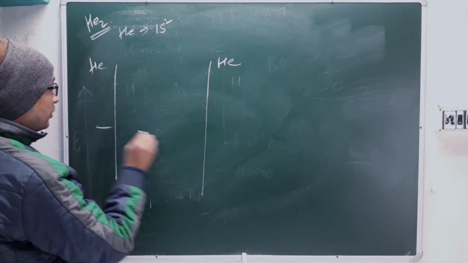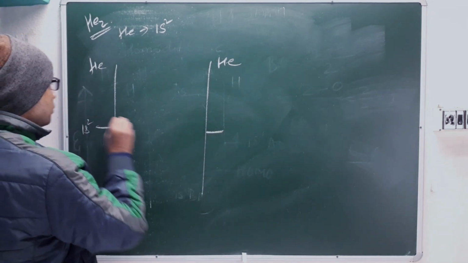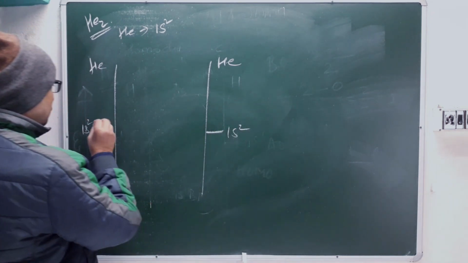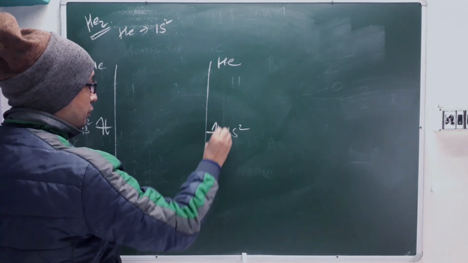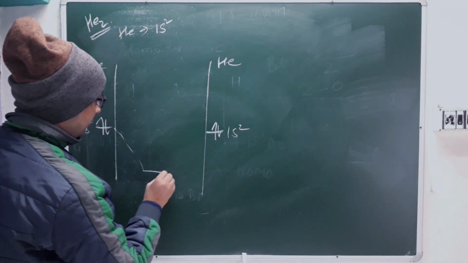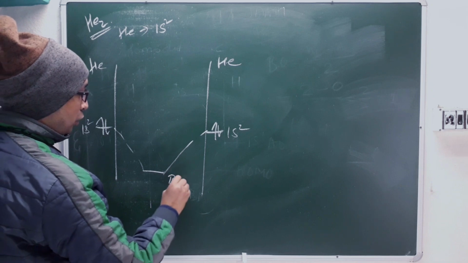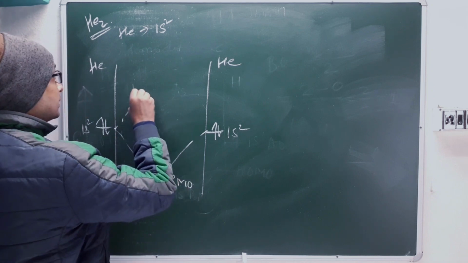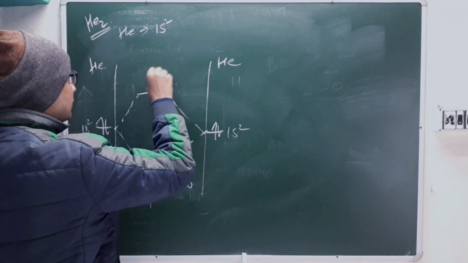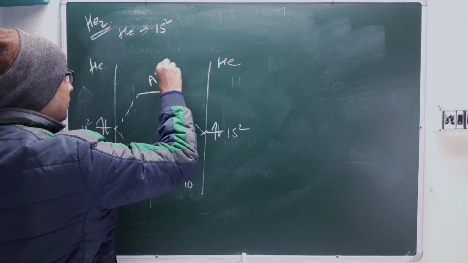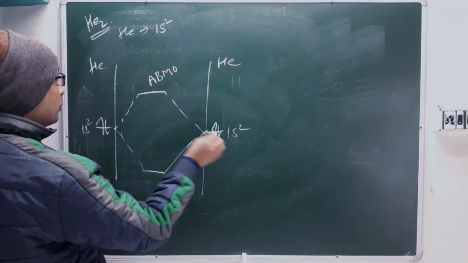We know these are the atomic orbitals of helium. 1s2, here also 1s2. Now we know that this is BMO, bonding molecular orbital. This is ABMO, anti-bonding molecular orbital.